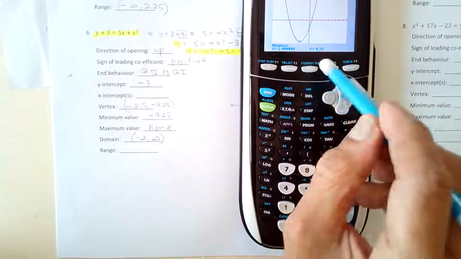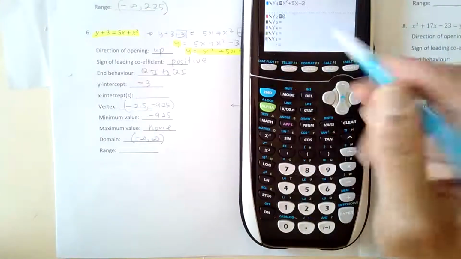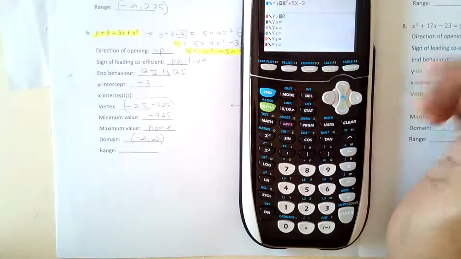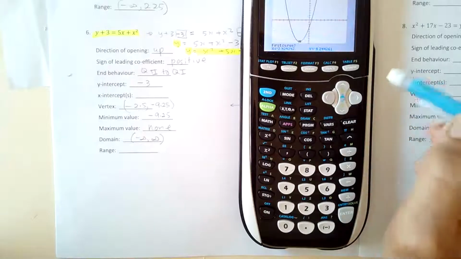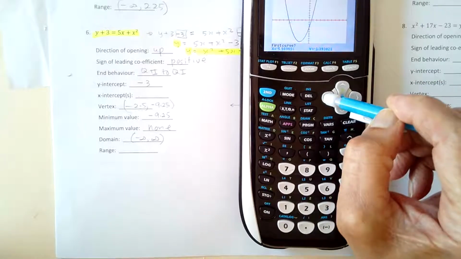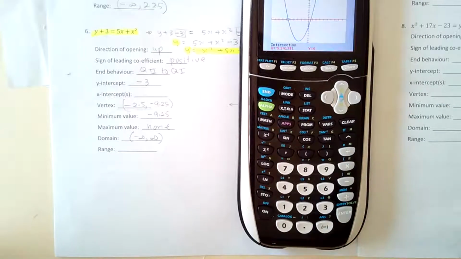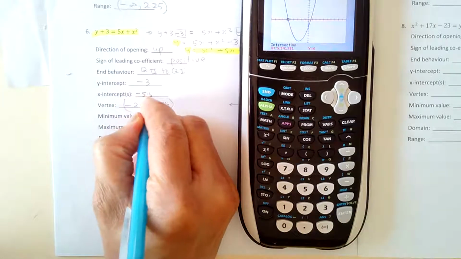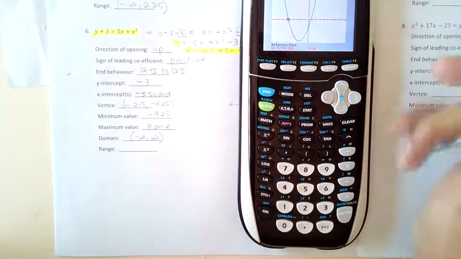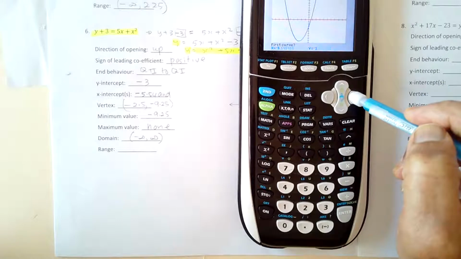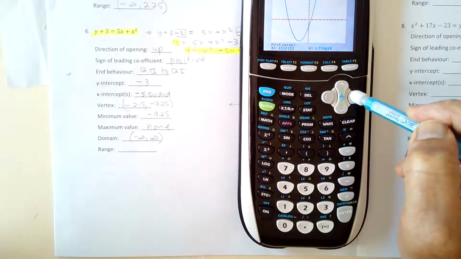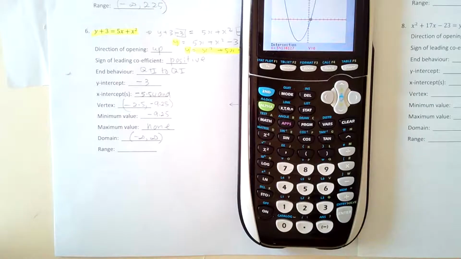We need to find our x-intercepts. Oh, by the way, make sure we've got y equals 0 in y2. Second trace, find my intersect, and since I'm on my left side, press enter 3 times. So that gives me -5.54. And there's one on the right side, second trace, intersect, press enter 3 times, that is 0.54.